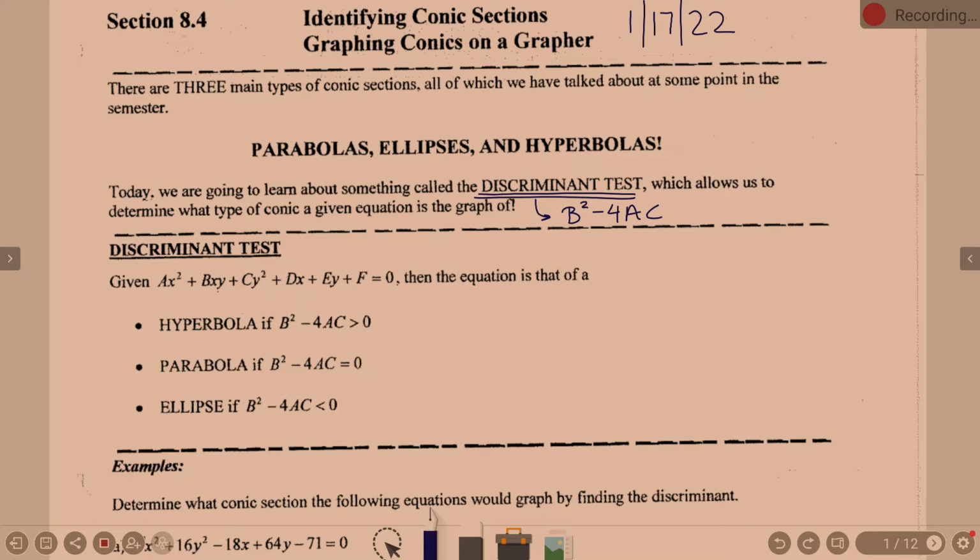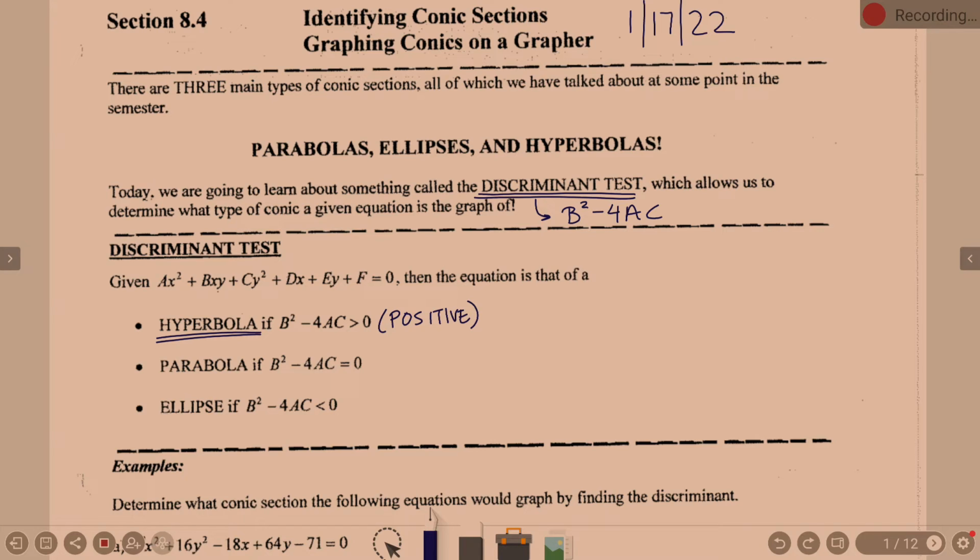If you know those values, it is a hyperbola if b squared minus 4ac is greater than 0. What do I mean greater than 0? A positive number. If something is greater than 0, it is positive. So if you do b squared minus 4ac and you get a positive, you know that's a hyperbola.